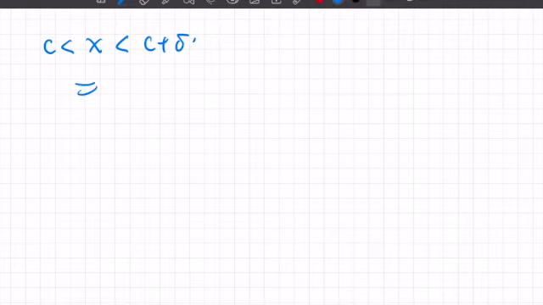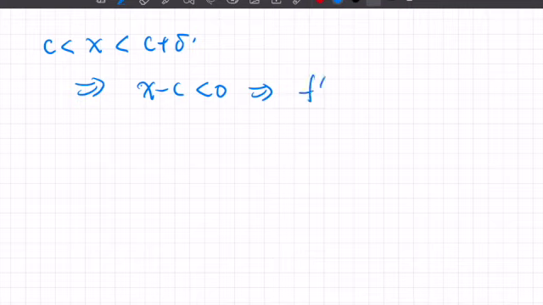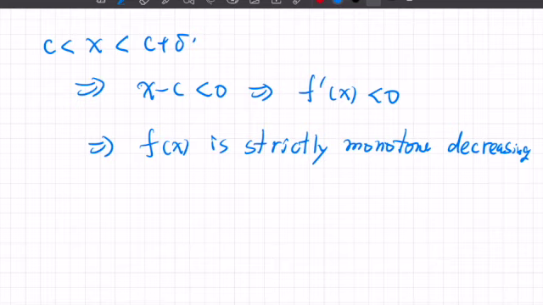Now consider the following two cases. If x is greater than c and less than c plus delta, then x minus c is positive... so this implies, since this ratio is positive, that f prime of x is also positive, so f of x is strictly monotone decreasing in this interval up to c plus delta.